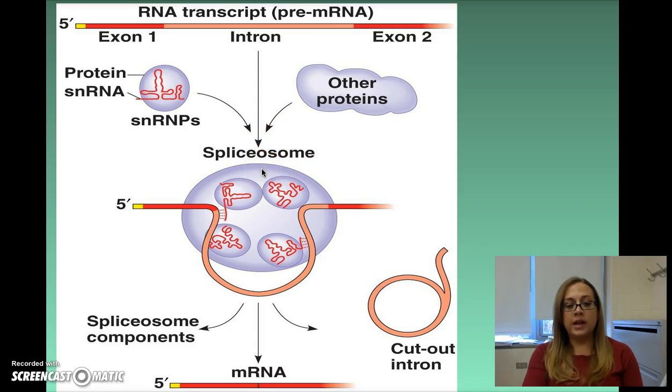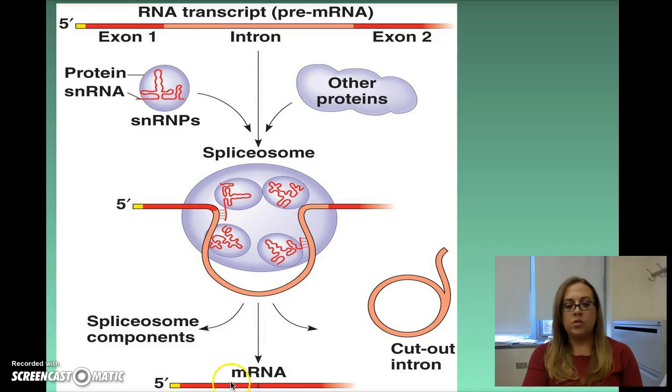And so what is going to happen here is you're going to sort of pull this pre-mRNA transcript together. The spliceosome is going to cut apart the molecule, so it's going to cut out that intron, and then it's going to pull the two exons closer together and bind them.